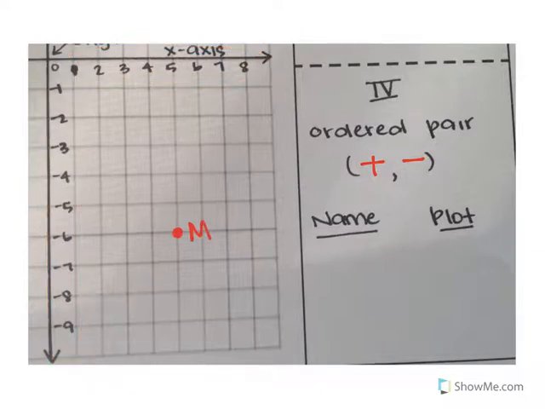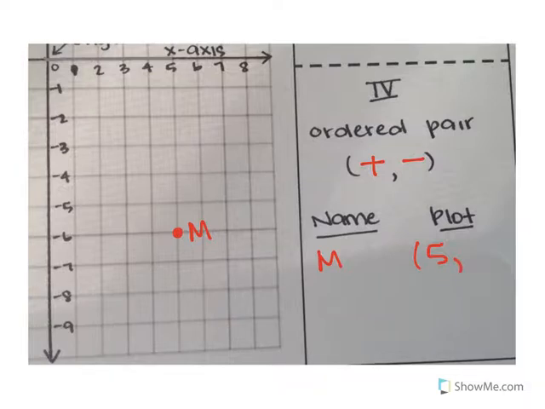The first point that I've placed in quadrant 4 is point M. And to get to point M from the origin, I had to travel along the x-axis 5 spaces, or 5 units, and then point M was directly beneath where I was. So in our ordered pair, remember, the x-coordinate in quadrant 4 is going to be positive, so we have 5 as our x-coordinate.